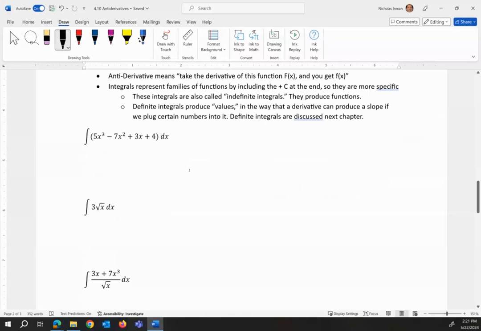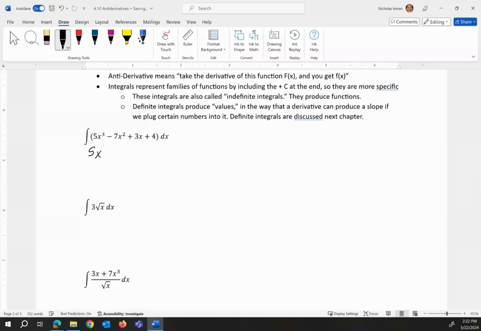And so we kind of do some things with that as we go. So let's practice a few more of these. Let's make sure we can handle some antiderivatives or integrals. So again, all of these polynomials, they're just powers. So just like derivatives, you can do the derivative of each piece. Integrals, antiderivatives, you can do just the integral antiderivative of each piece as long as they're being added or subtracted.